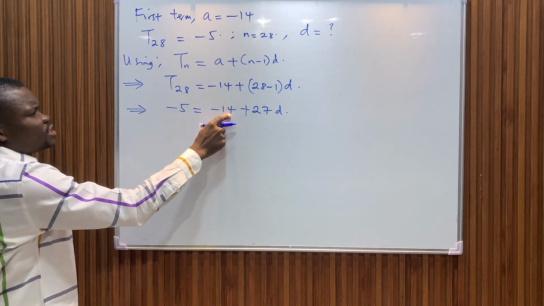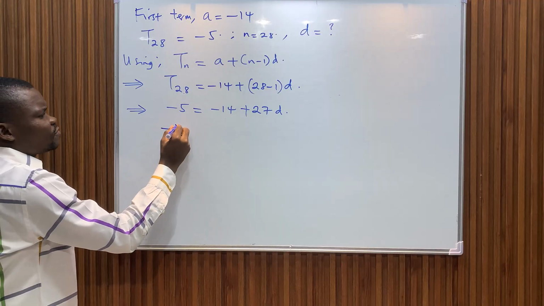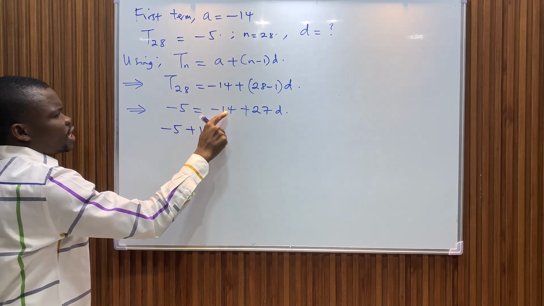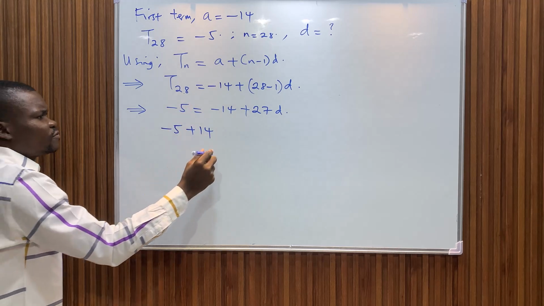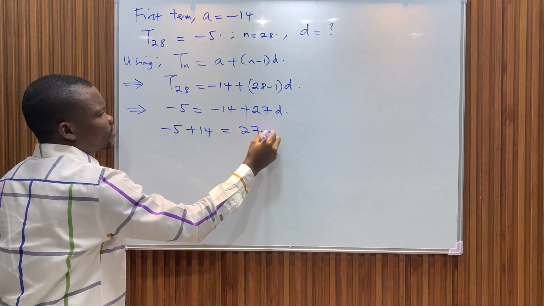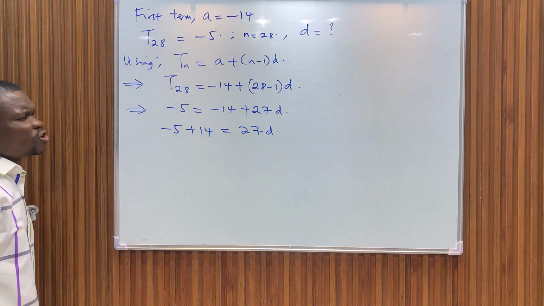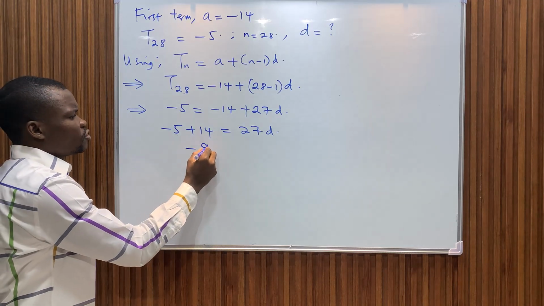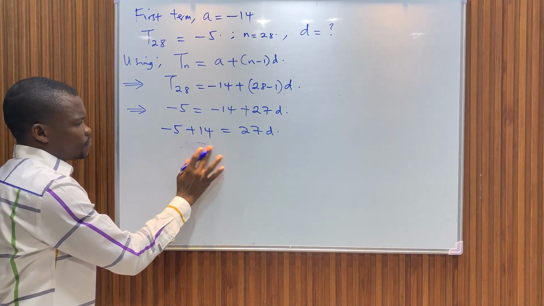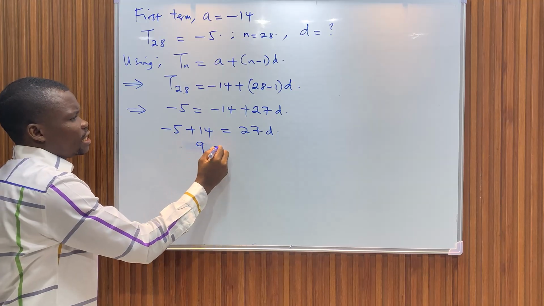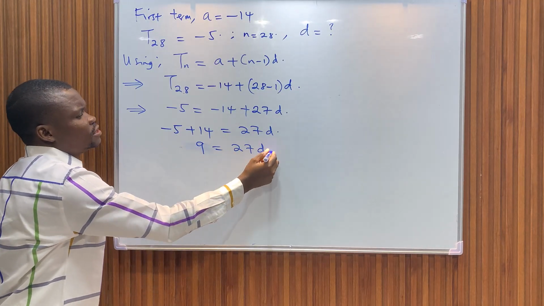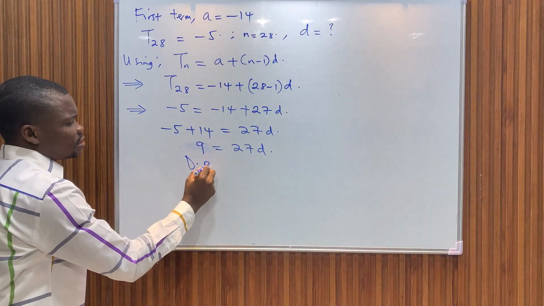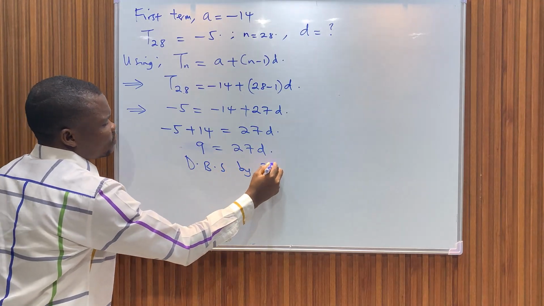Let's solve this out. When minus 14 comes over, we have minus 5 plus 14, because when a negative number crosses over, it becomes positive, equals 27d. Minus 5 plus 14 gives us 9. So 9 equals 27d. Remember, we're looking for d, so divide both sides by 27.